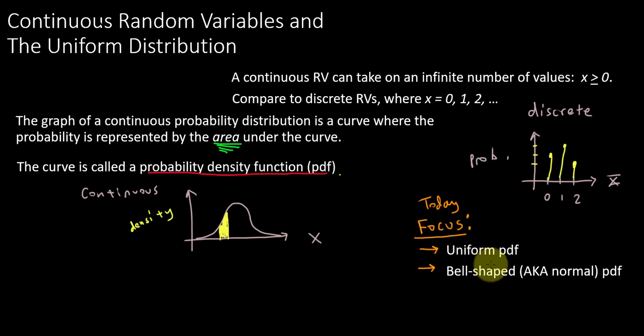So let's talk uniform. We've mentioned uniform distributions in the past. Remember, a uniform distribution is one in which, if we were thinking about a frequency histogram, the heights are all roughly the same. All the frequencies are roughly the same.